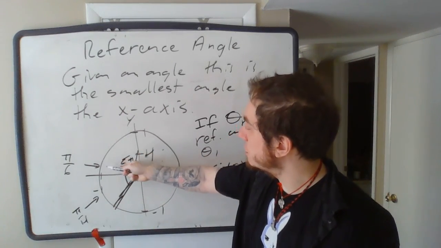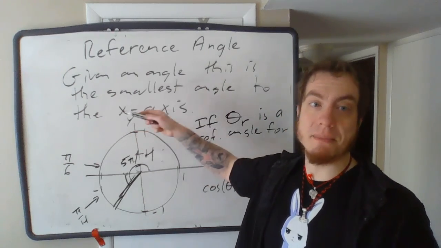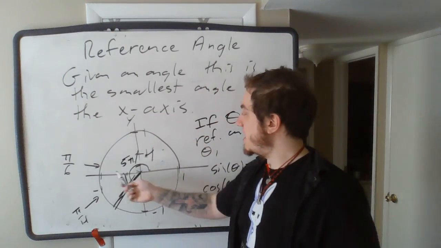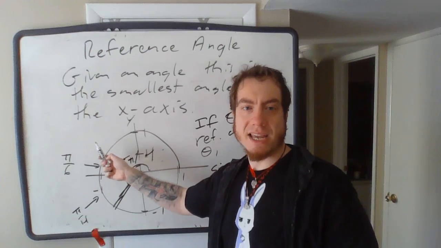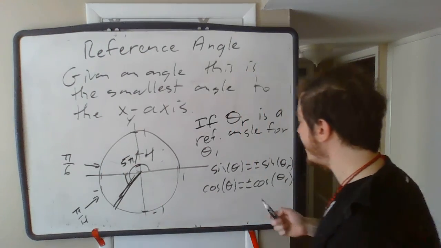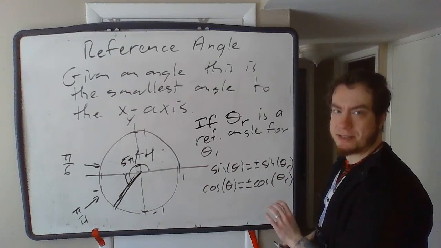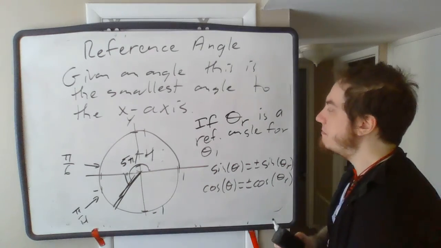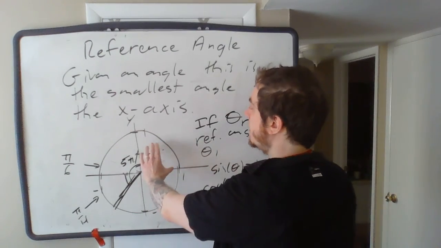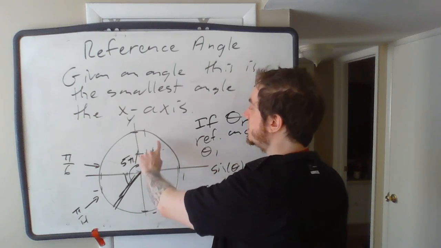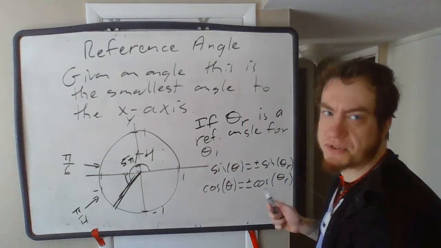Well, over here in quadrant 2, it would be positive. So that means sine is positive. The x-coordinate in quadrant 2 is negative. So that means the cosine is negative. So using the reference angles, the reason that this is so nice is because it means you only really have to memorize what happens in this first quadrant in terms of sine and cosine.